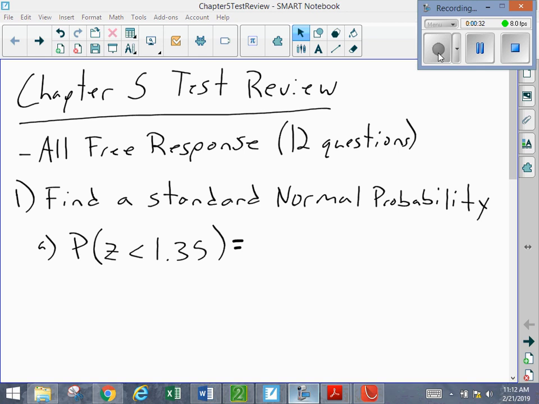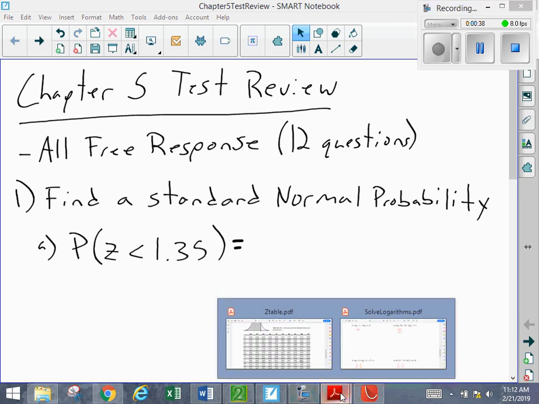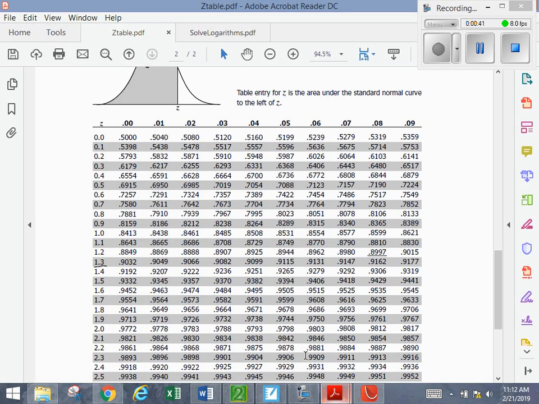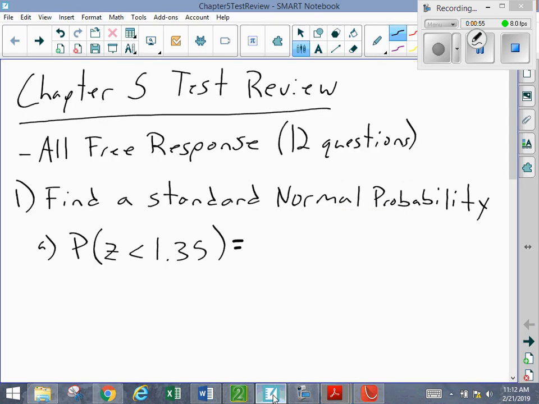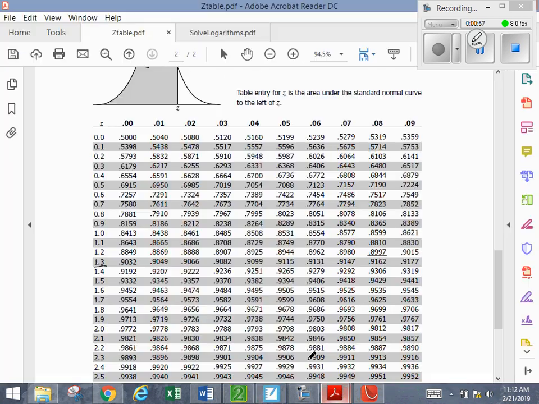So if I wanted to find the probability that z is less than 1.35, I could go to my handy-dandy z table, and I could look for 1.35. I go to 1.3, and then I look at 5, and that would be my answer right there.